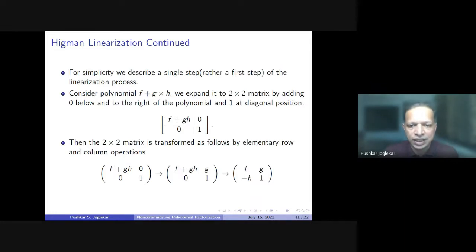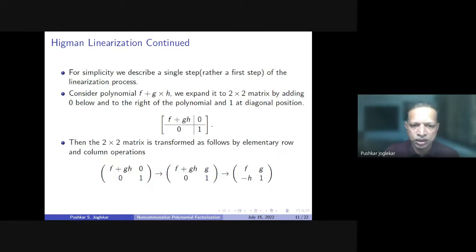The effect of these two operations is that the term gh has vanished from the top left entry. At the same time, the polynomials g and h are introduced at certain locations in the matrix, but clearly the degree of g and h is strictly smaller than the degree of gh.